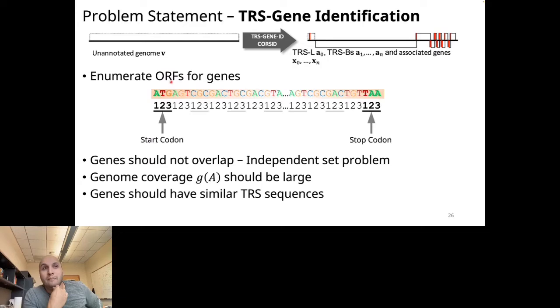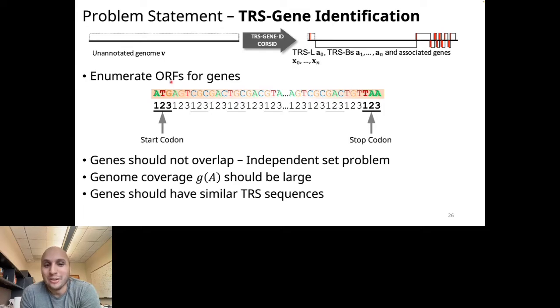And you have an edge between two nodes, between two ORFs, if they overlap. In addition, in this graph, you can assign the length of the ORF as the node weight. The solution that you seek is a maximum weight independent set. So you're trying to find a subset of nodes that don't intersect, so there are no edges between them, with maximum total weight. This uses the fact that the genomes are very compact. So you want to find a set of ORFs that cover as much of the genome as possible and are pairwise disjoint.